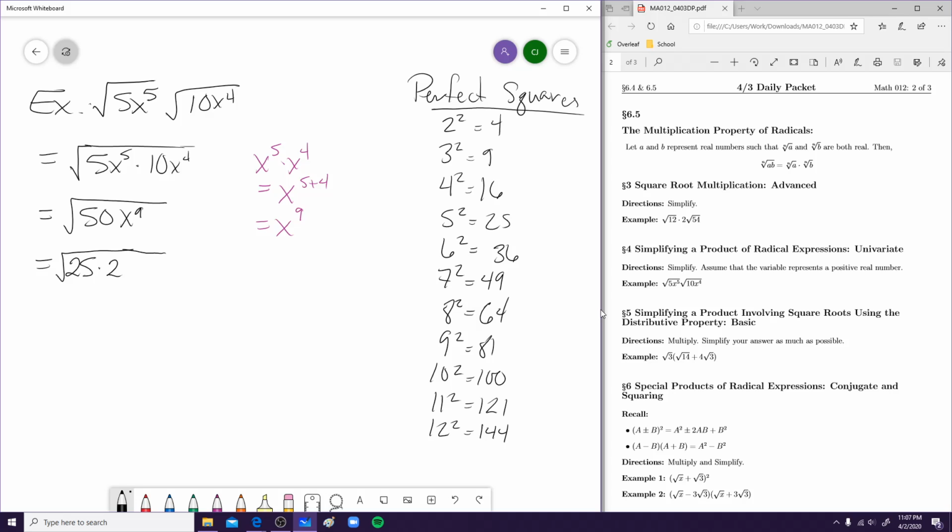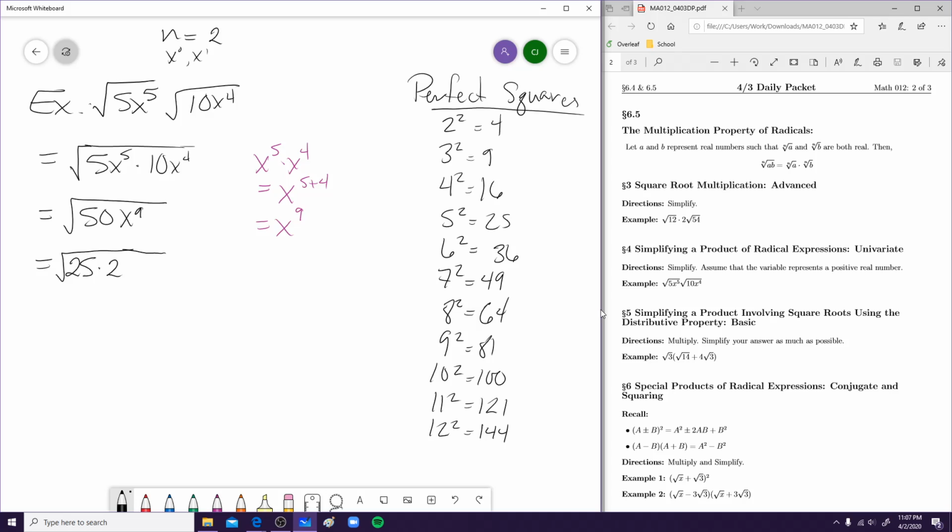How do I know that? Because our index is 2. And so for it to be simplified, it would have to be either x to the 0 or x to the 1. Right? So for x, since it's 9, 9 is definitely not 0 or 1, so we can simplify.